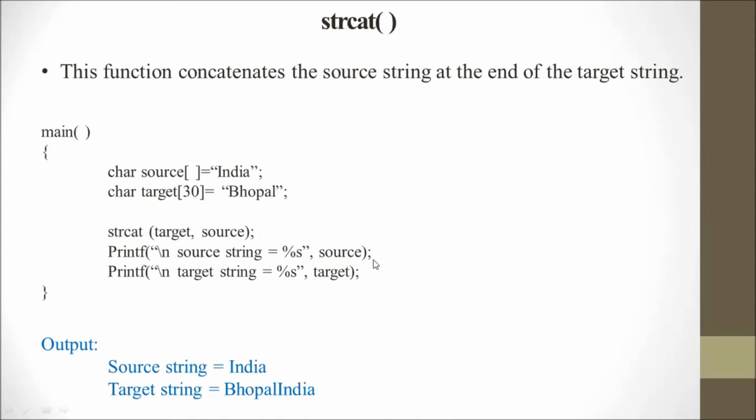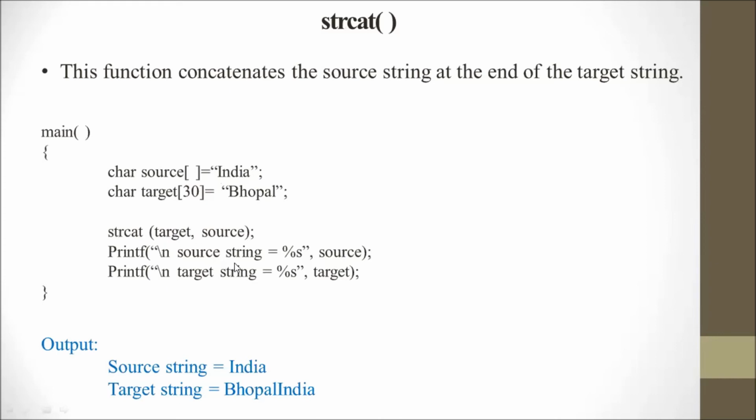String concatenate, strcat. This function concatenates the source string at the end of the target string. Concatenate means two strings are combined or joined to each other. Here we take two strings, character source India and character target Bhopal. So strcat(target, source) combines both strings.